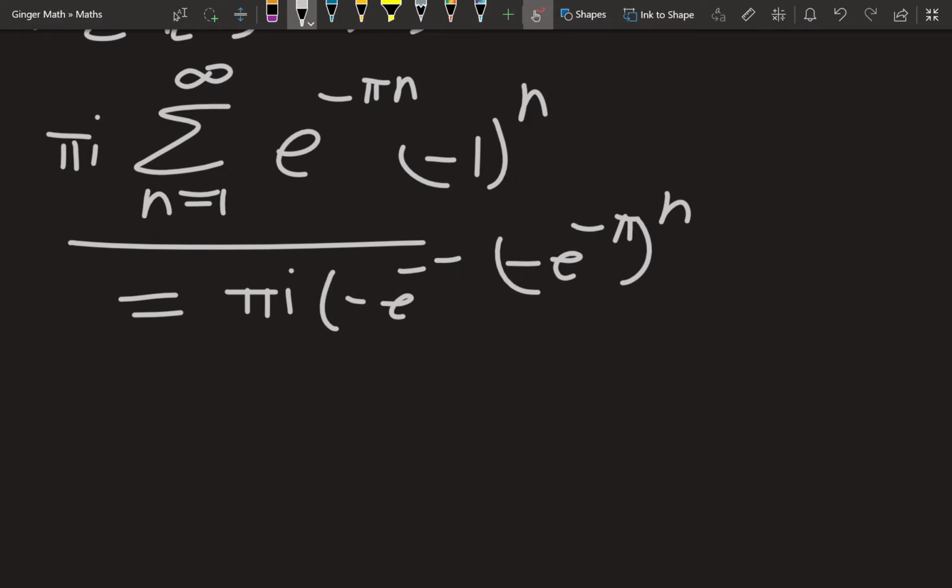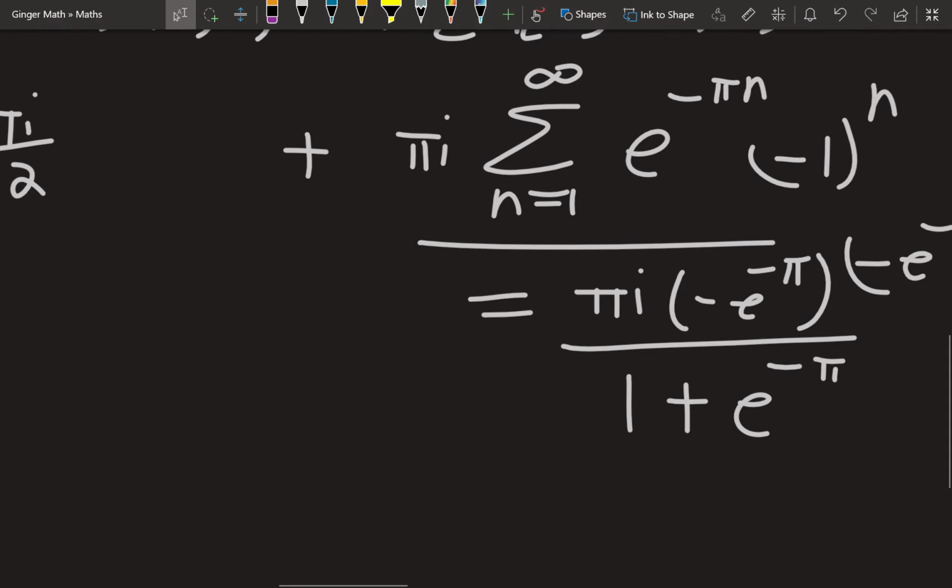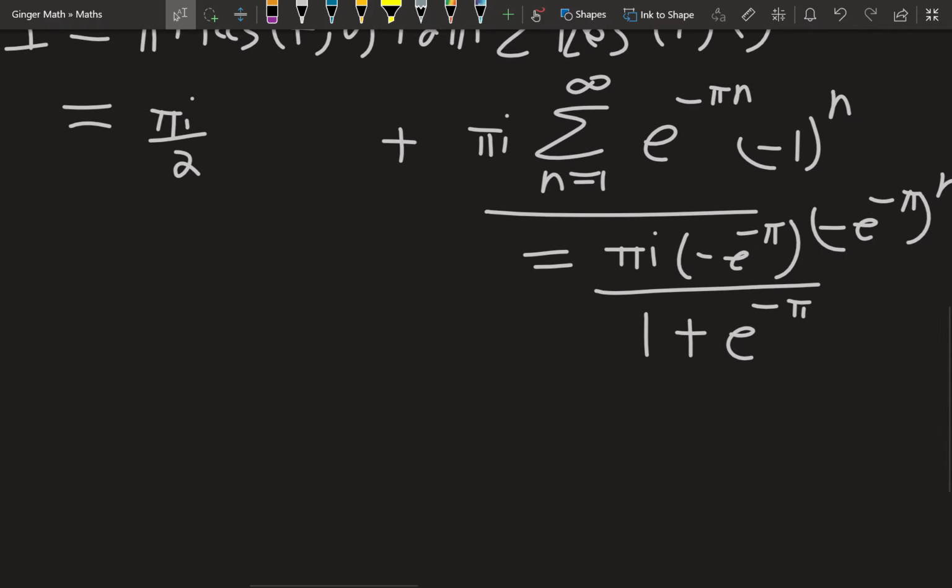We plug in 1 here, so negative e to the minus pi, divided by 1 plus e to the minus pi. And that's because you get a minus negative. For more info on geometric series, I'll probably put a link down in the description.